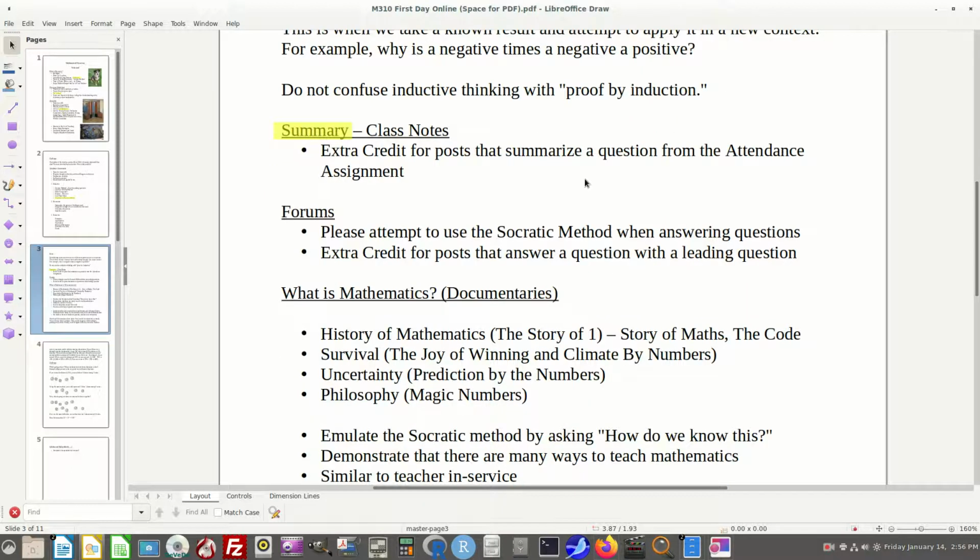I'd love for you to at least attempt to use the Socratic method in your answers. Remember that everyone has 2 weeks, so the tempo of the course will be a little bit less hectic, so you can start a conversation and answer questions with some of your own questions. And of course, if you can manage that using those leading questions, you can get extra credit for it.